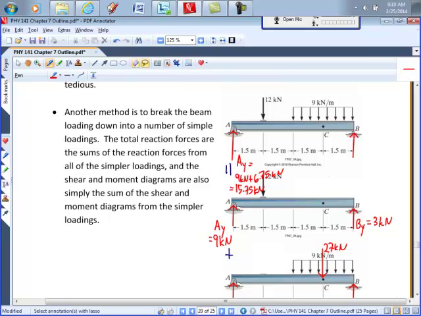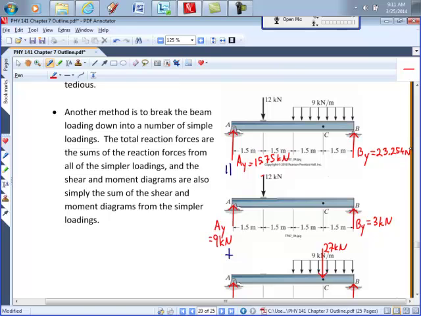I don't really like where I put that. And By is going to be the 3 kilonewtons plus the 20.25, 23.25 kilonewtons.